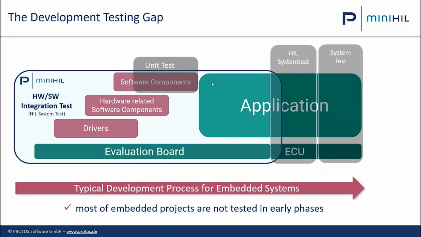So what we do is we focus on the integration test, the hardware-software integration test in the early stages, from the early stages throughout the complete project, complete automation for hardware-in-the-loop testing on the desktop of the developer or on a continuous integration server.